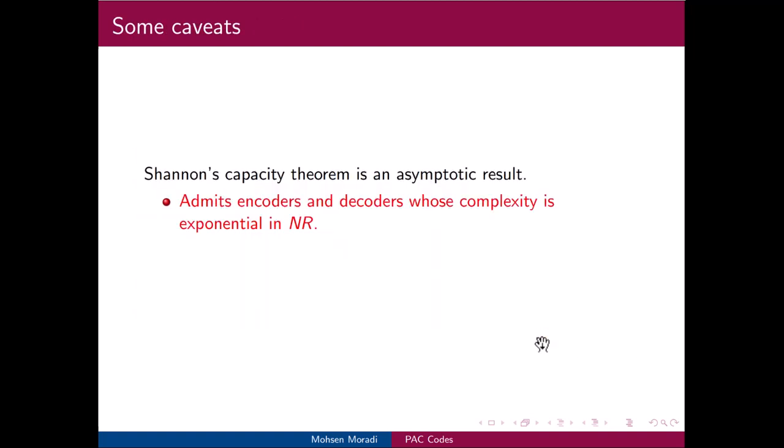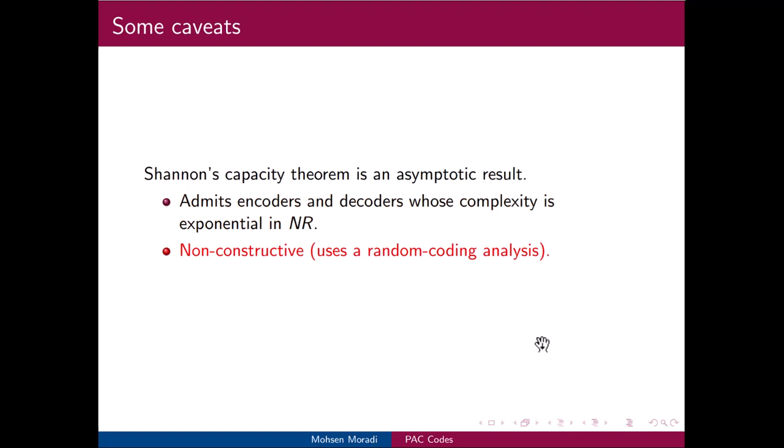It has some caveats. Shannon capacity is an asymptotic result. In practice, we cannot have a code of length N that is very, very large. And the way that this theorem is proved, it admits encoders and decoders whose complexity is exponential in N times R, which is equal to K. It's non-constructive.